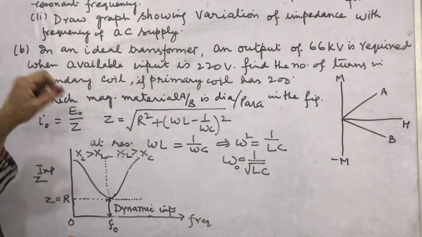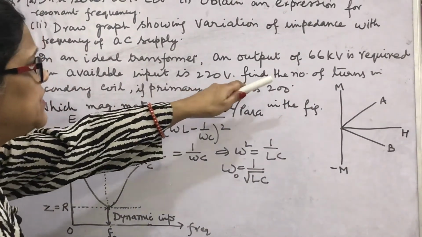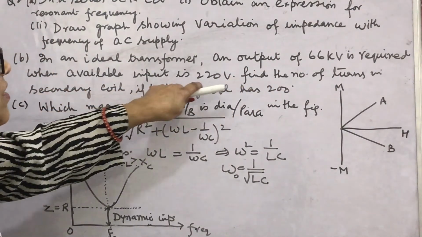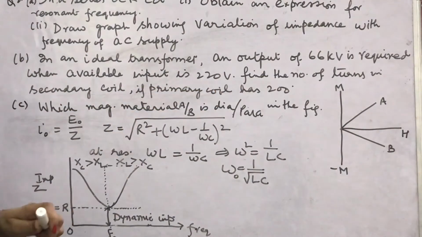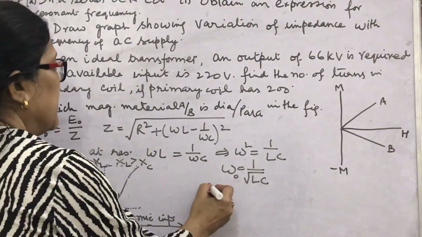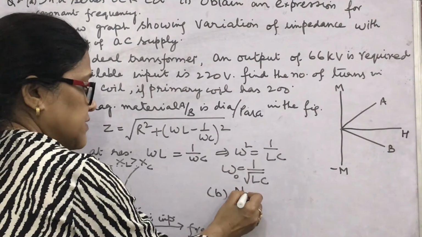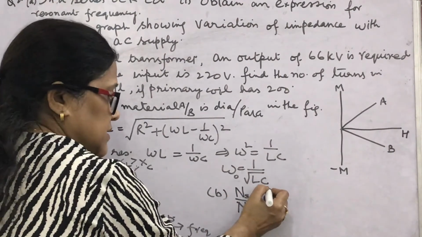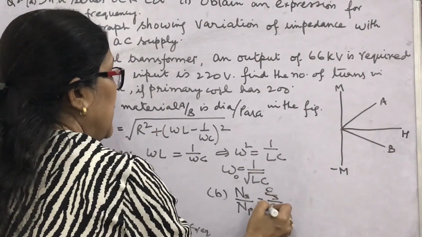Now in the B part, in an ideal transformer, an output of 66 kV is required when the available input is 220 volt. Find the number of turns in the secondary coil if the primary coil has 200 turns. You know, in case of an ideal transformer, we have seen the transformation ratio, NS upon NP is ES upon EP.